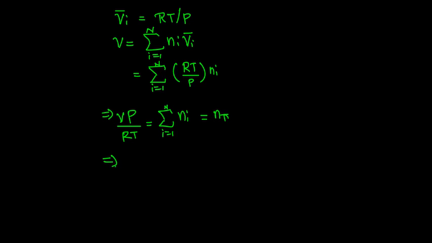So I can write PV equals N RT, and this is nothing but the ideal gas equation, right? Therefore an ideal gas mixture does follow the ideal gas equation. But further information we get from here is that the total volume of the gas mixture simply came out to be the sum of the individual volumes.